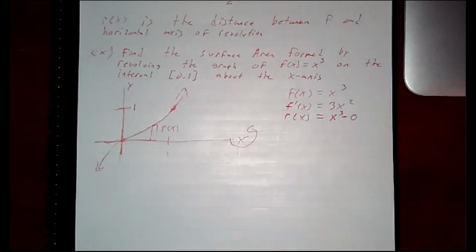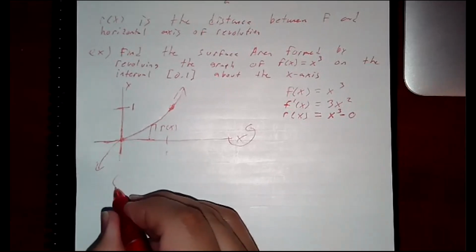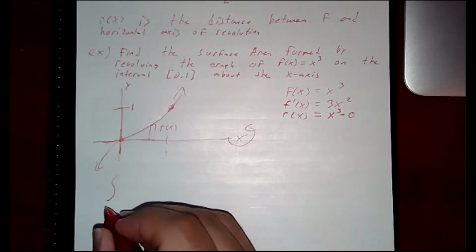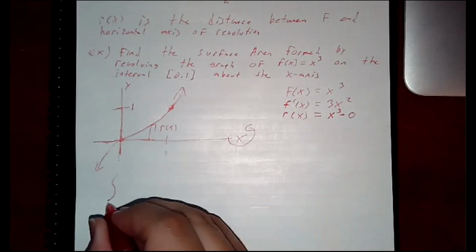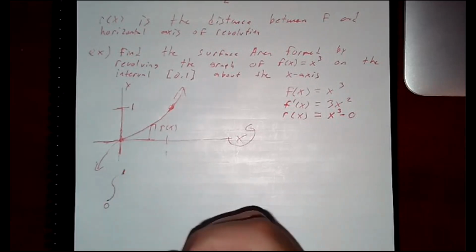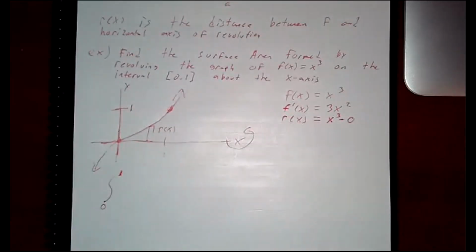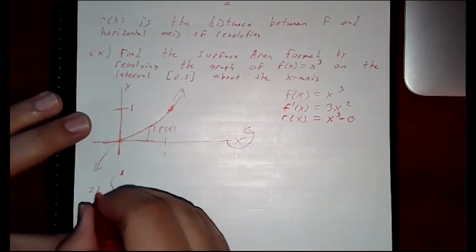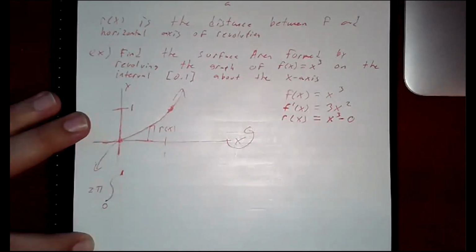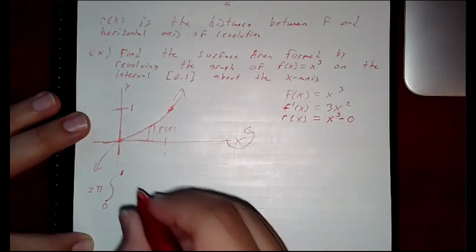So now we'll just do integration and see how it comes out. But since there's an r outside, maybe we can do u substitution instead of doing all that algebra to cancel the radical. So I'm going to put the 2 pi out here. r of x is x cubed, right?